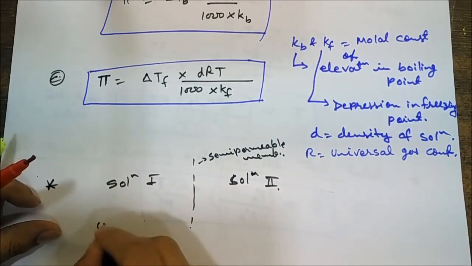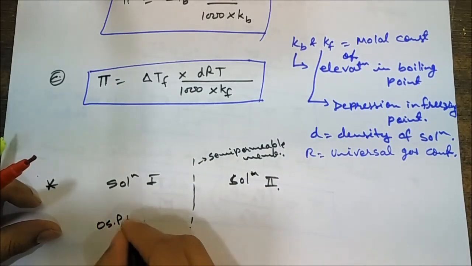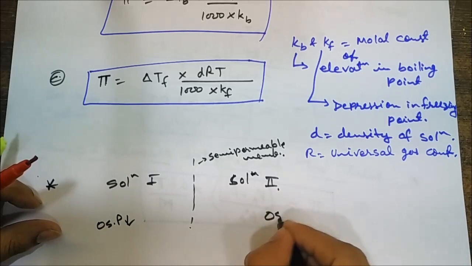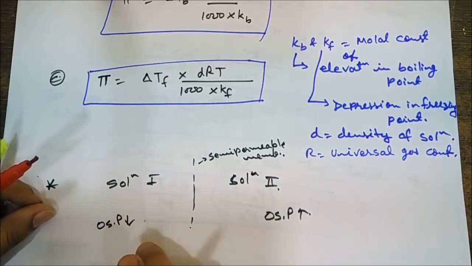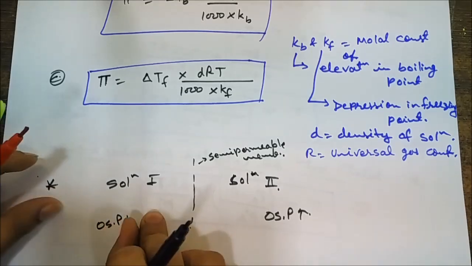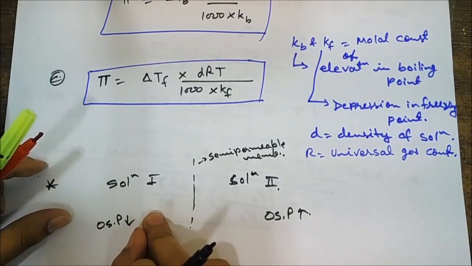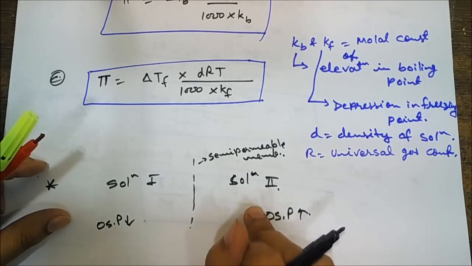Suppose solution 1 has lower osmotic pressure and solution 2 has higher osmotic pressure, then the solvent will flow from the solution of lower osmotic pressure to the solution of higher osmotic pressure.